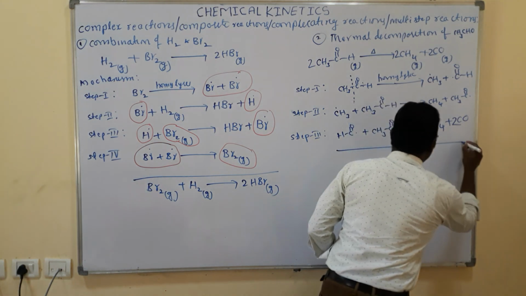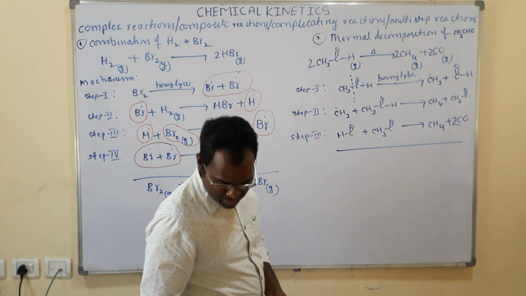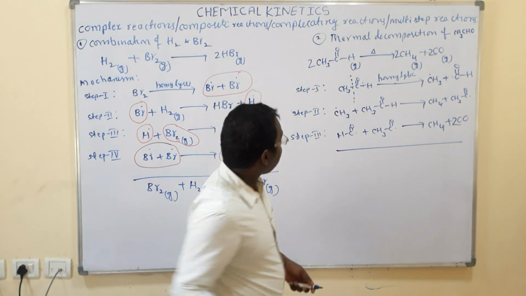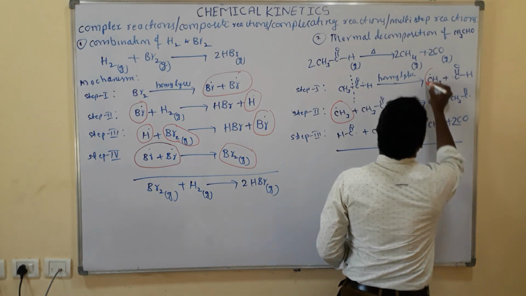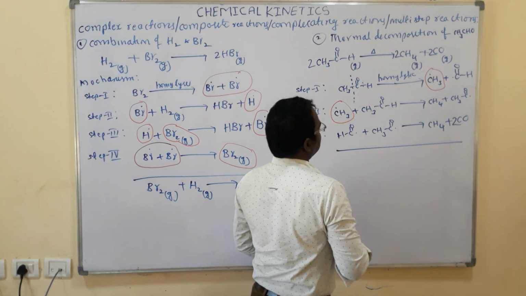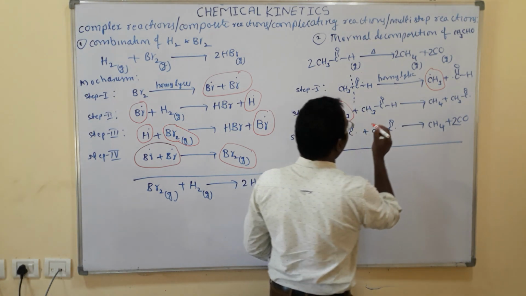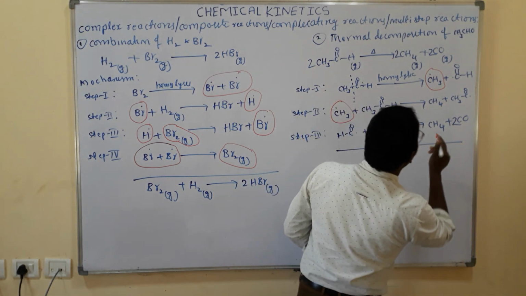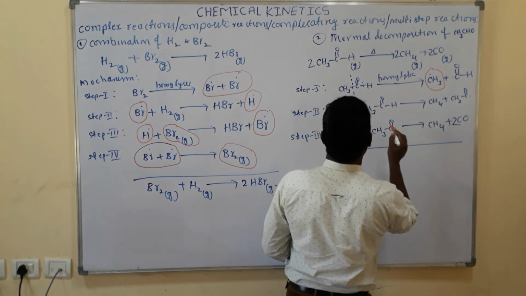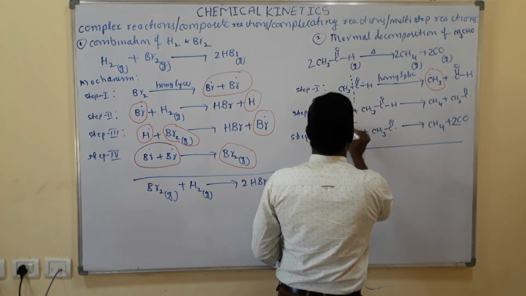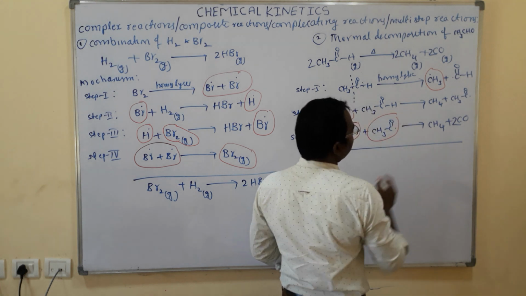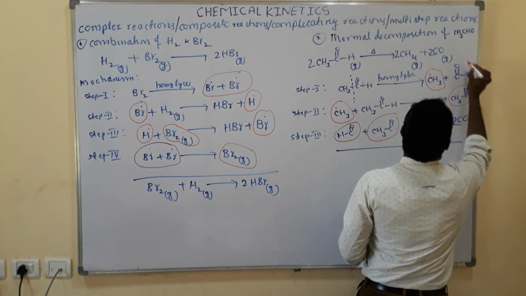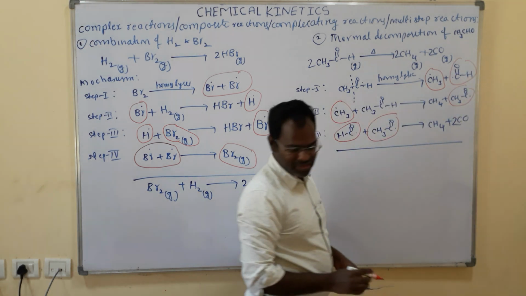So if we add up these reactions, what will remain? The methyl radical will be cancelled, and later the acyl radical and formyl radical both will be cancelled.